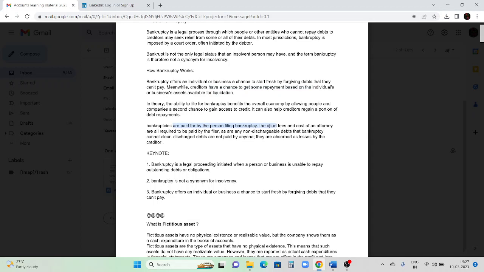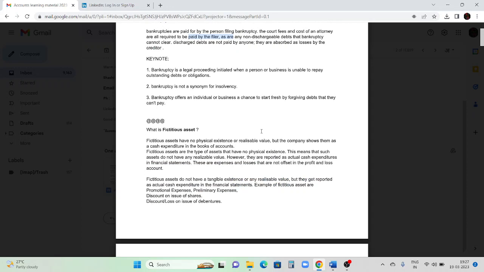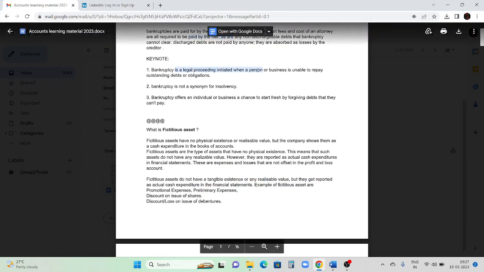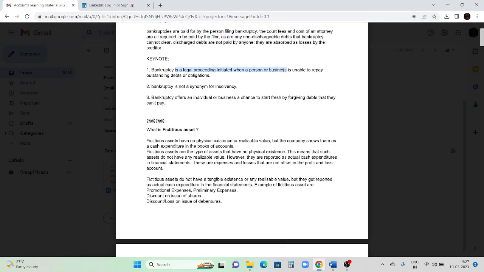And it is paid by the person filing bankruptcy. The court fees and cost of an attorney are all required to be paid by the filer, as are any non-dischargeable debts that bankruptcy cannot clear. So it is a legal proceeding initiated when a person or a business is unable to repay outstanding debts or obligations.